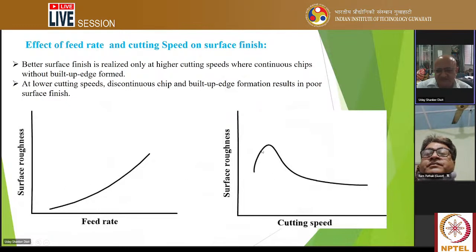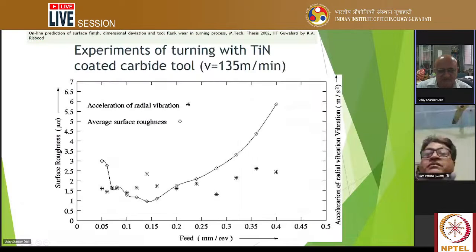Okay. And similarly, if you increase the cutting speed, the surface roughness initially increases because of the built-up edge, etc., and then after that it decreases. This type of behavior, see, my own MTech student has studied. He has published a highly cited paper: experiments of turning with TiN coated carbide tool.